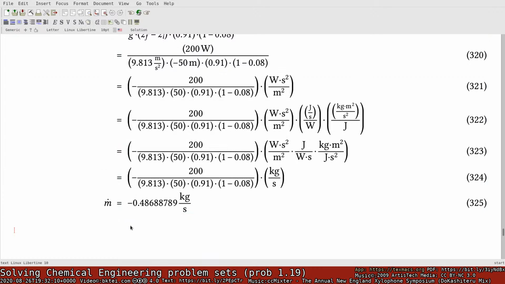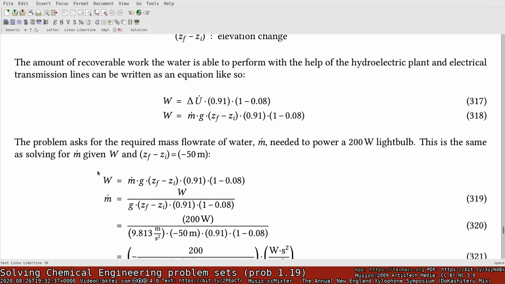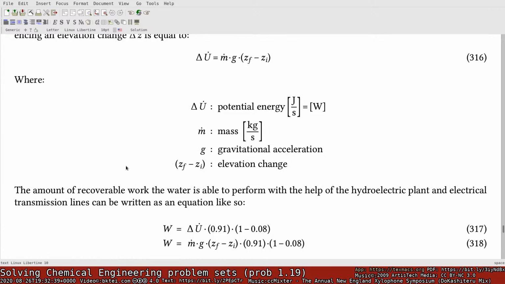The negative sign for m dot is from the convention used in the equation. We're in problem number 19.